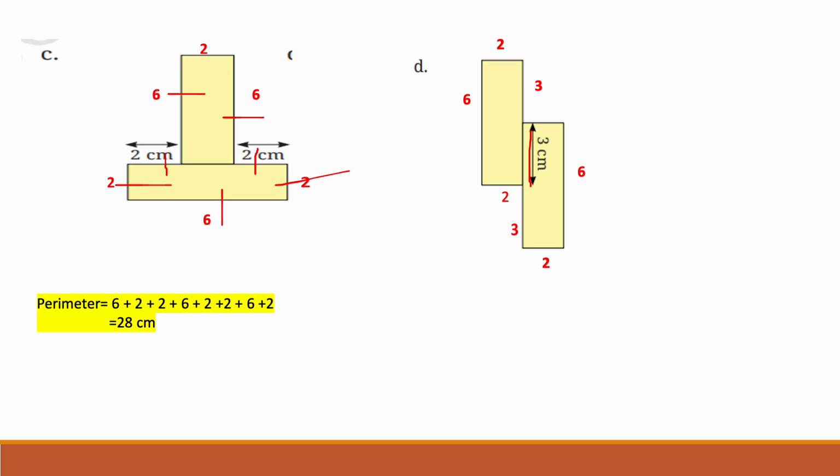Then 2, then 6, then this is also 2. Then what about the perimeter? Perimeter is 3 plus 2 plus 6 plus 2 plus 3 plus 2 plus 6 plus 2. That is 26 centimeter.